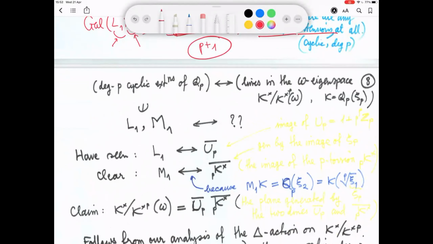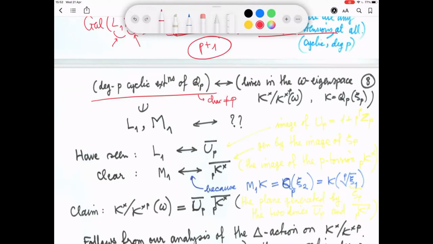Now we recall all these details about cyclic extensions of degree p of a field of characteristic different from p. For Qp, of course, the characteristic is 0 and not p.